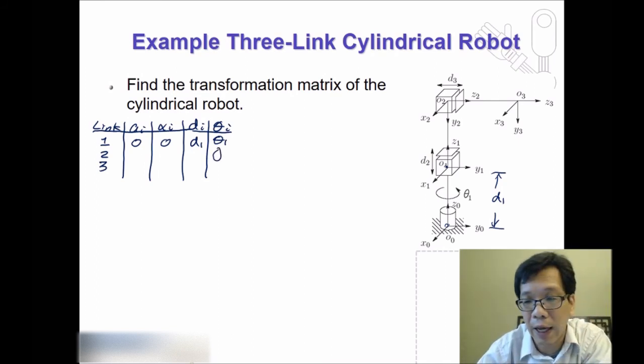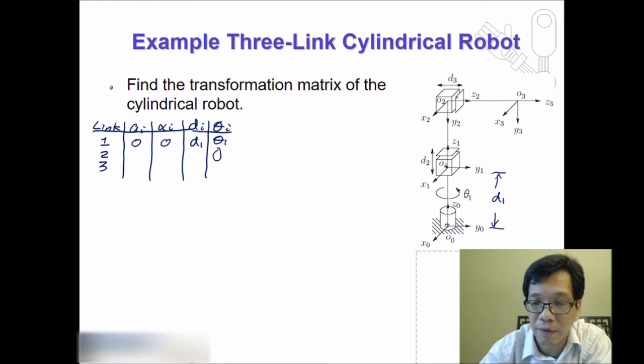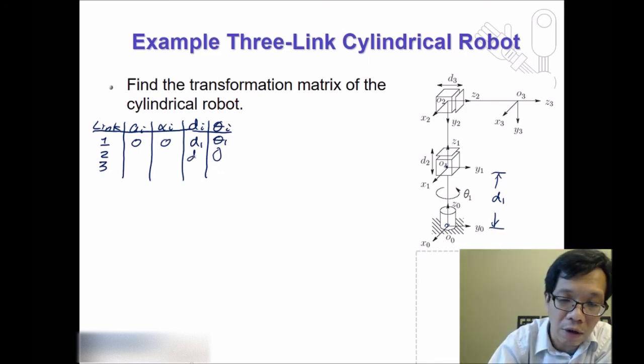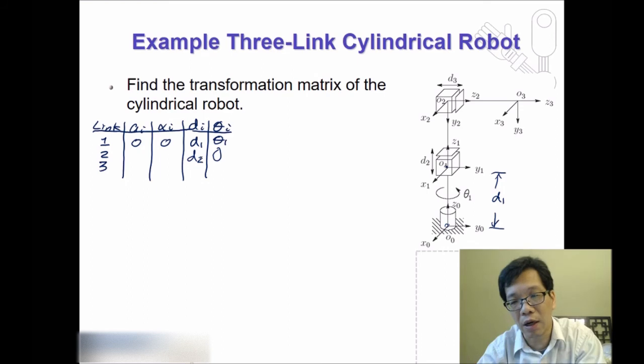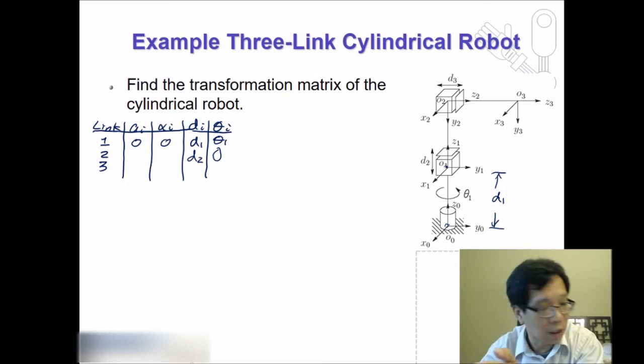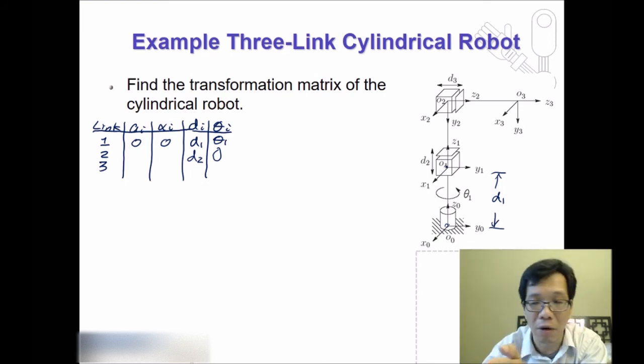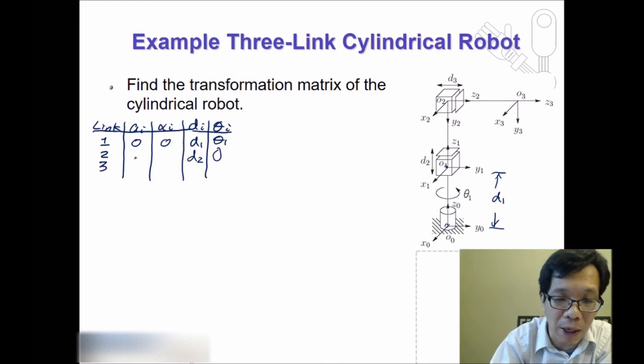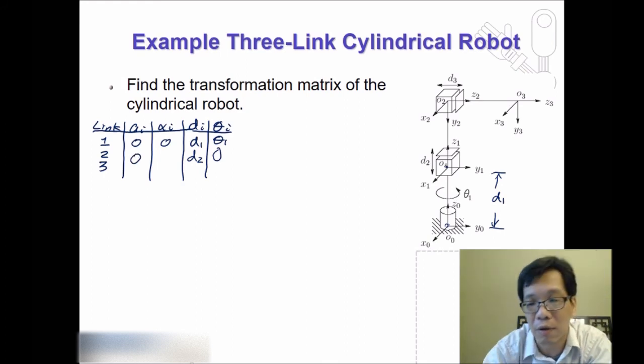Okay, and again, the third joint is above the second joint, and this one is going to move up and down with the distance d2. So we got d2 over here, but since they are along the z1 axis, the x1 has no movement, which means my a2 is going to be 0.